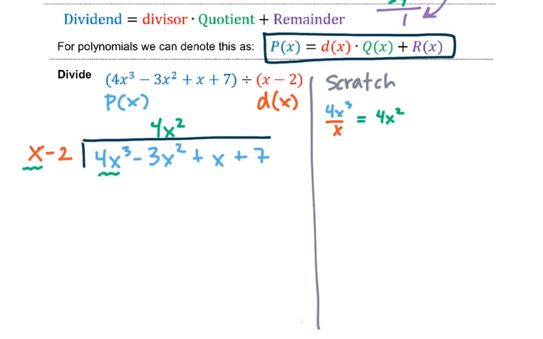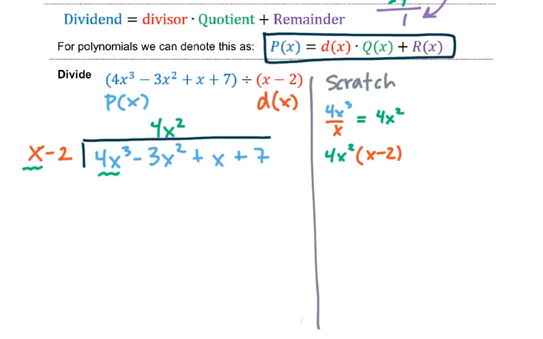So the 4x squared goes up top, and I take that 4x squared and I'm going to multiply it. And the 4x squared is going to multiply by all of this. So 4x squared times x minus 2.